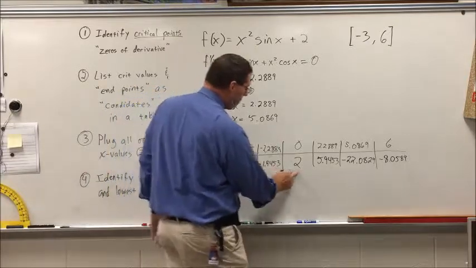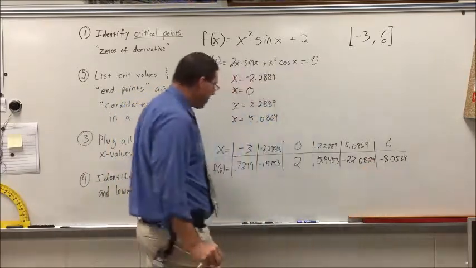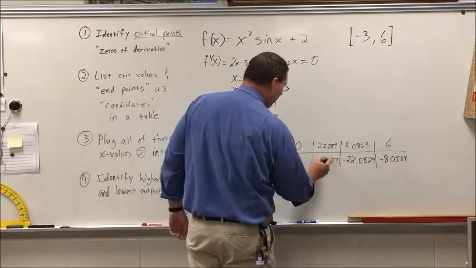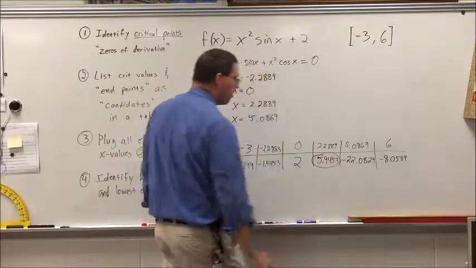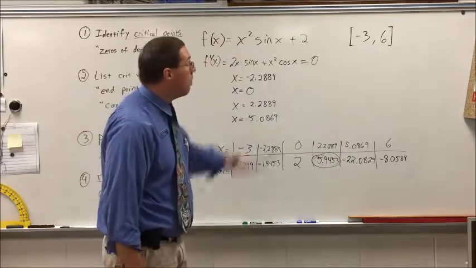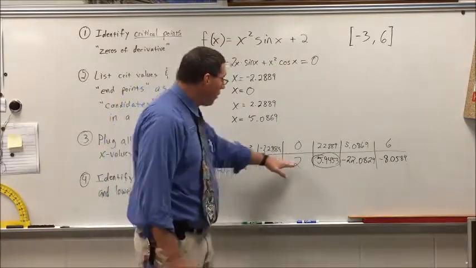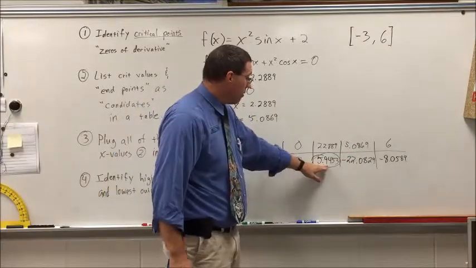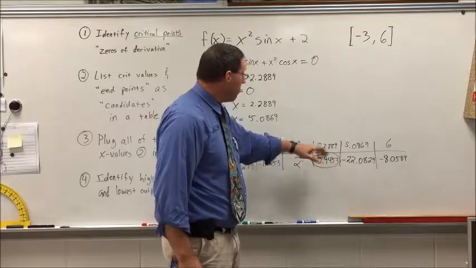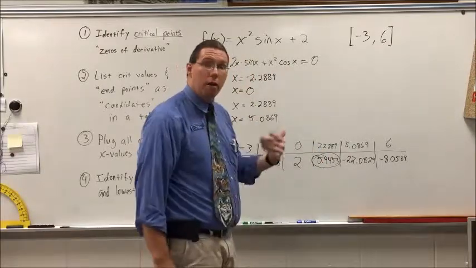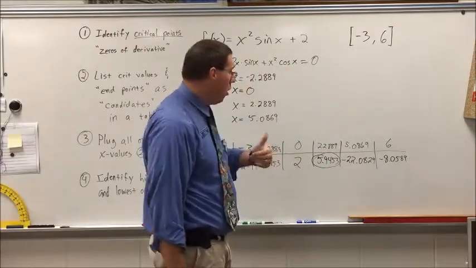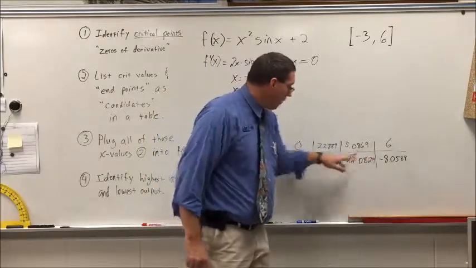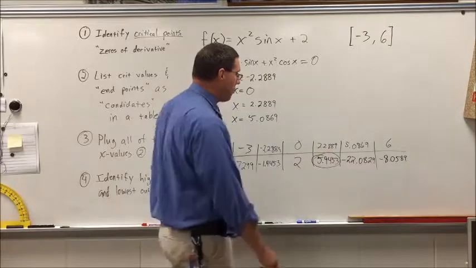Well, if you look at these 6 output numbers, which of them is the highest number? 5.9453. That is your absolute maximum on this interval. No other number is going to be higher than that. And we know it's the highest because the zeros of the derivative indicate all of the high points and low points on the graph. And the endpoints aren't any higher than this, so that is the absolute maximum.